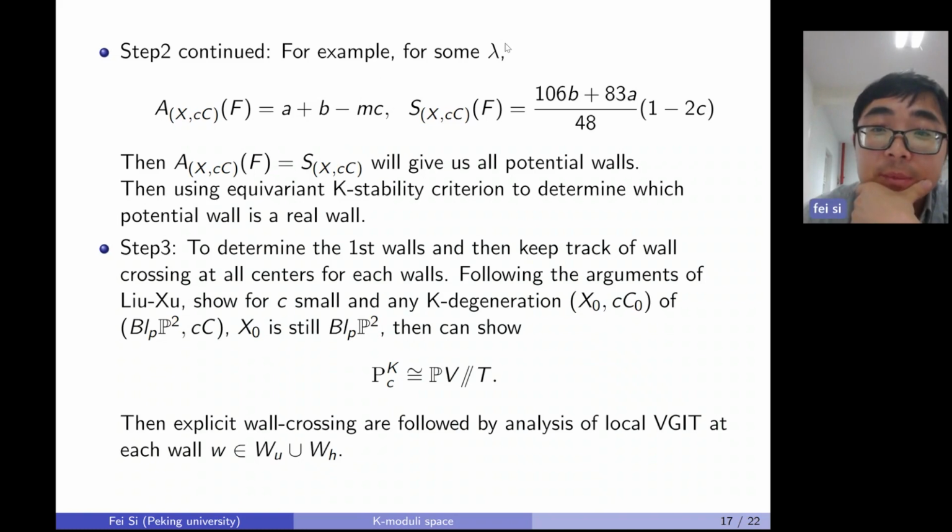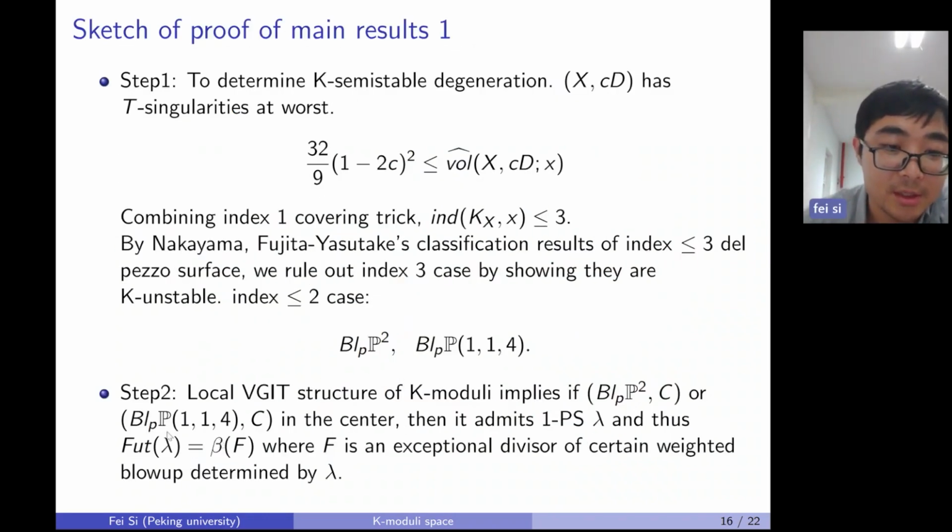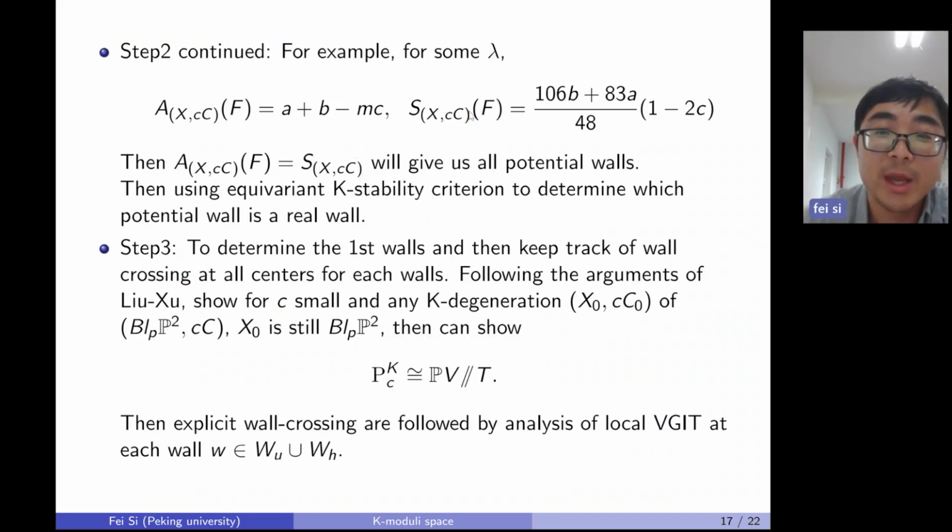This weight comes from the weight of the one-dimensional torus. So we get this formula and this formula. The condition that this Futaki character vanishes will imply that we have an equality of A function equal to S function.